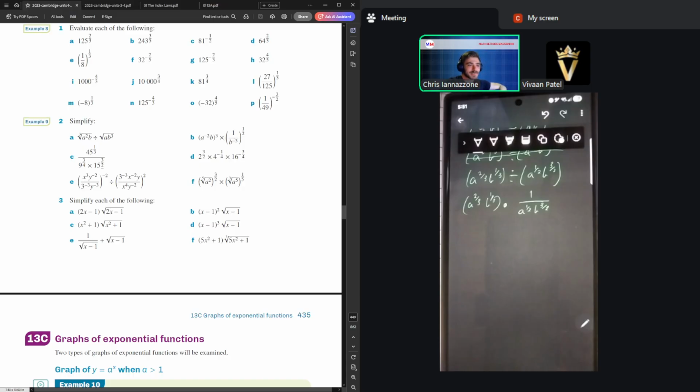I found it's actually kind of cool to use in non-index law scenarios as well. There've been a few exam questions in Tech 3 where you have to simplify quite large numbers, and techniques like this can be quite powerful for them.